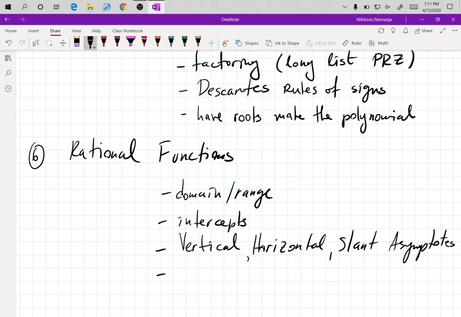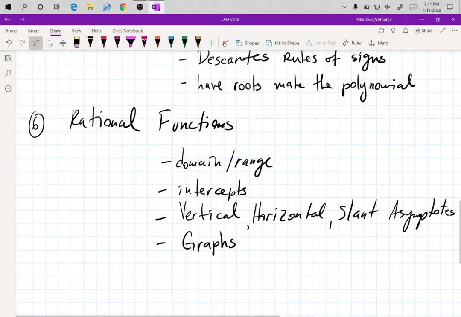So domain, range, intercepts, vertical, horizontal, slant asymptotes, graphs. I think that's it. Yeah, I think that's it. That's it.